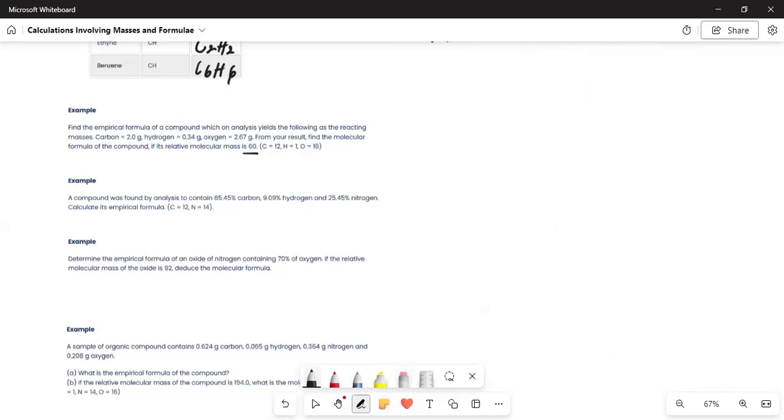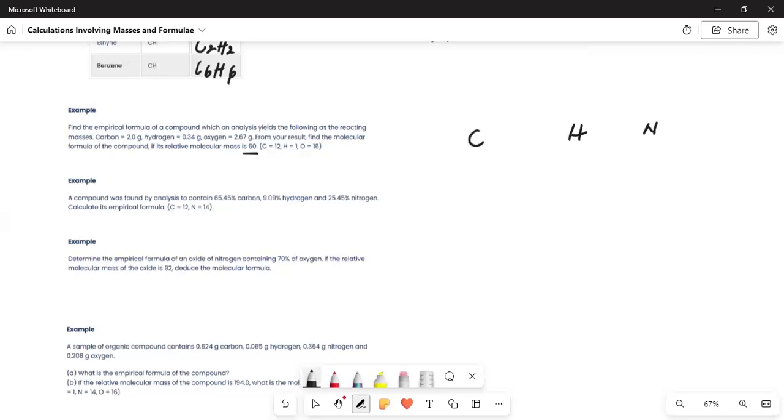What are the component elements in this question? They say the compound was found by analysis to contain 65.45% carbon, then 9.09% hydrogen, and 25.45% nitrogen.